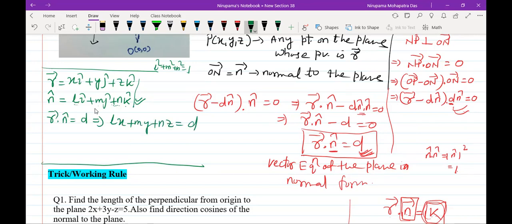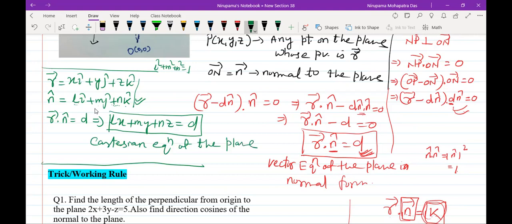When you have lx plus my plus nz equal to d, this is the Cartesian equation of the plane in normal form. You can say Cartesian equation only.